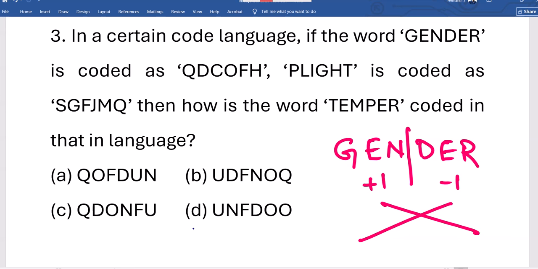But among them, the best we can say is QD, C required. Yes or no? QDC, and it should be OFH. As per this question, it should be like that. In fact, that's given in the options. Now, in the question itself, for temper, R minus 1, Q D. So with Q and D only, one option, option C, fine. This is gender as per the question asked.